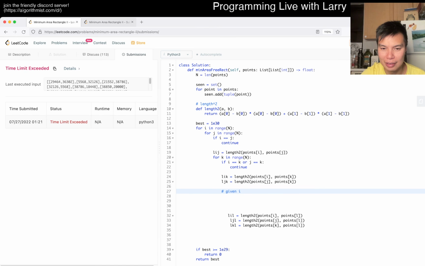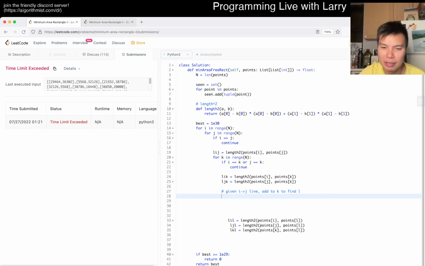Given the ij line, add k to find L, right? So okay, so the dx is equal to point sub j, technically speaking, minus point sub I. I wish there's like a pairwise thing, but okay.